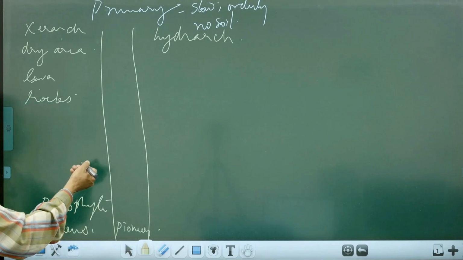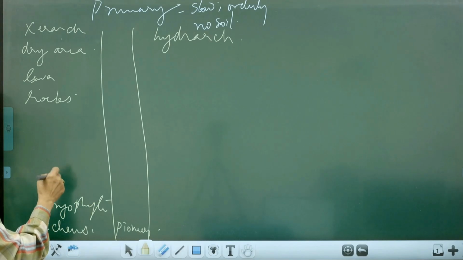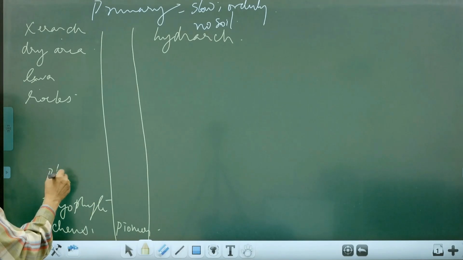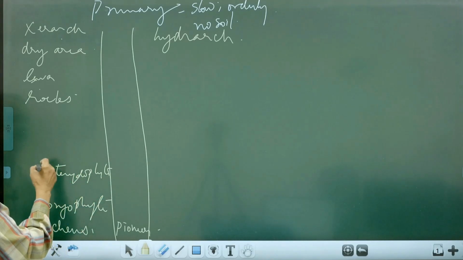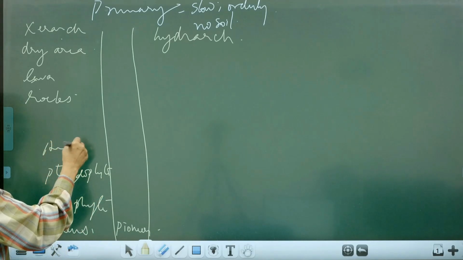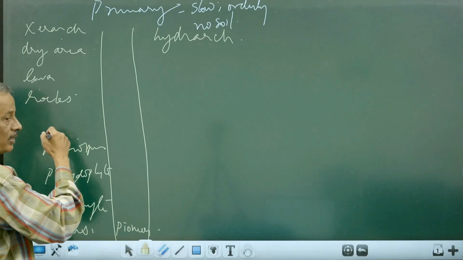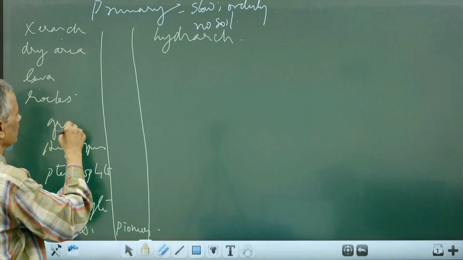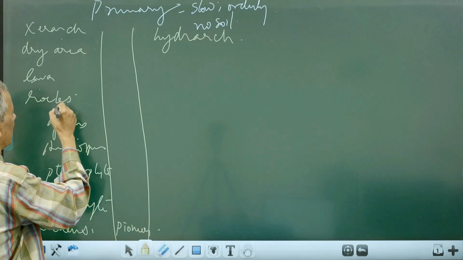They will continue for hundreds of years. That will pave the way for better developed pteridophytes. Then angiosperms. And among angiosperms, you will first have grasses, then bushes. Okay, so it will form what is called a scrub jungle.